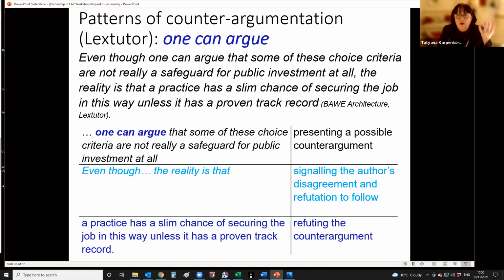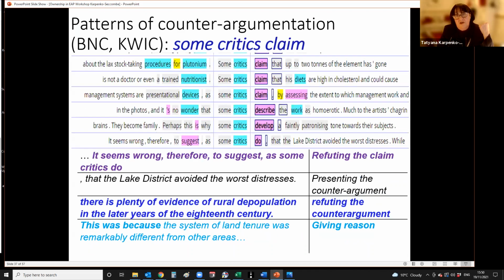One can argue is not the only counter-argumentation strategy. Some critics claim is another one of those. And this is an example, as you can recognize, from the British National Corpus, from Quick.